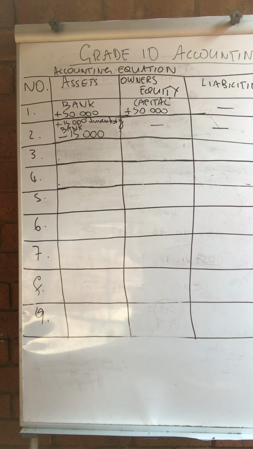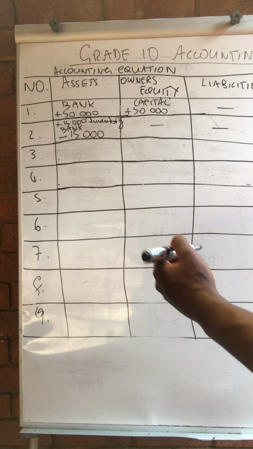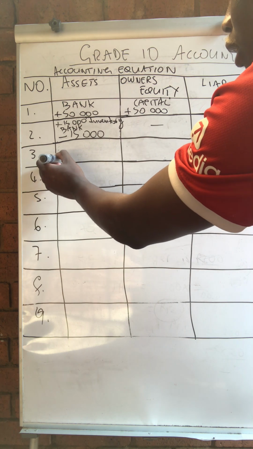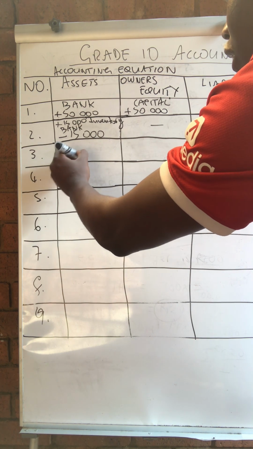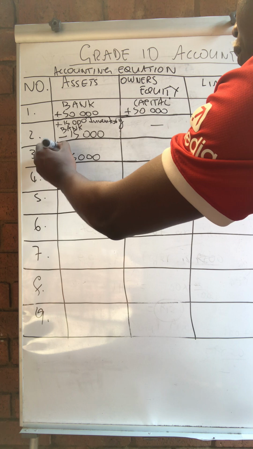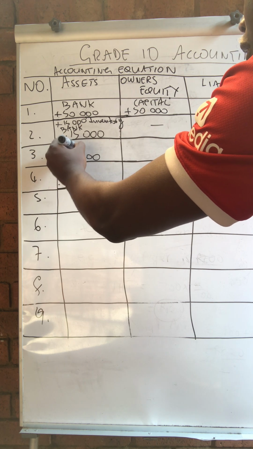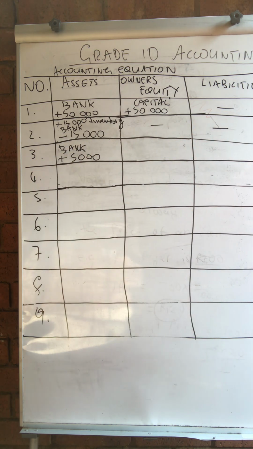The business received commission income of 5,000 rands. The business received into the bank account commission income of 5,000 rands, which means our bank account is increasing. When our bank account is increasing, our assets are increasing. So plus 5,000 rands, this is into the bank, right? What is this money in the bank for?